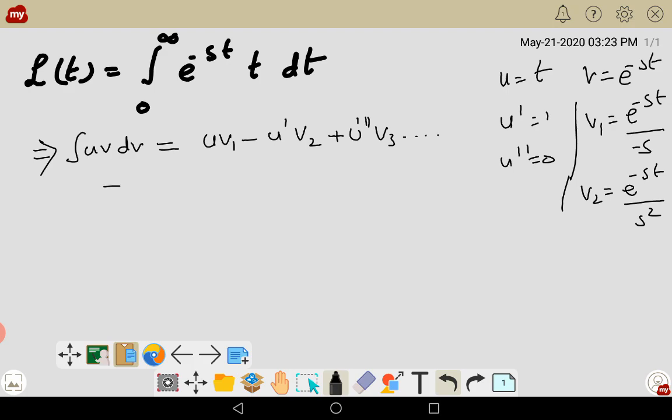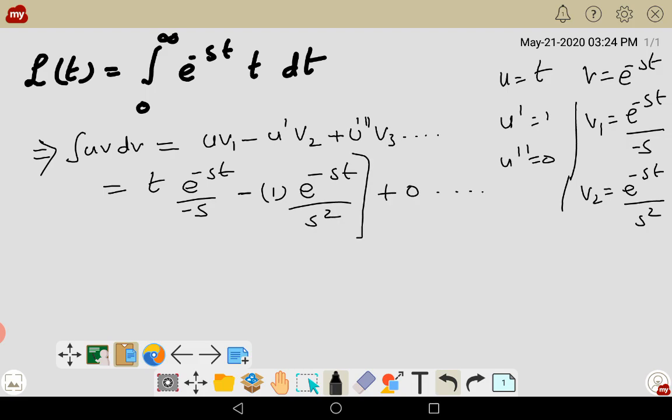and it will go on this way. u is t, v1 is e raised to minus st divided by minus s, minus u prime is 1, v2 is e raised to minus st divided by s square. u double dash is 0 here and after that all the terms are zeros, so only 2 terms, from 0 to infinity.